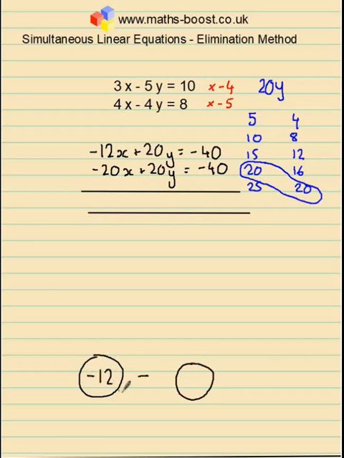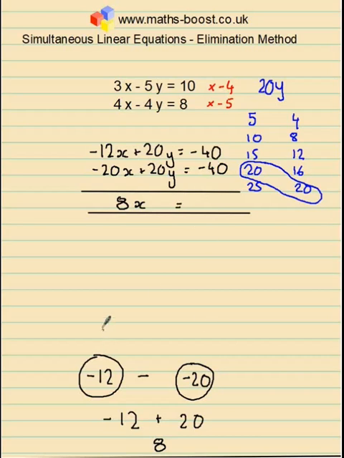So minus 12 is the value of the top, minus 20 the value on the bottom equation. I can see here I've got a minus and a minus, so this becomes a plus. So minus 12 plus 20 is going to give me 8. And hopefully again you can see how easily I could have gone wrong here. It's by far the most dangerous step in the whole process.